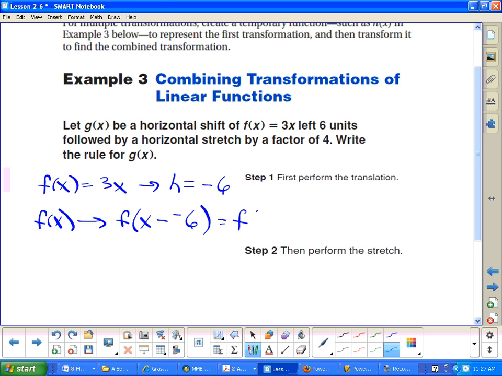Plus 6. We're going to replace x with x plus 6. So 3x is going to become 3 times x plus 6, or 3x plus 18.